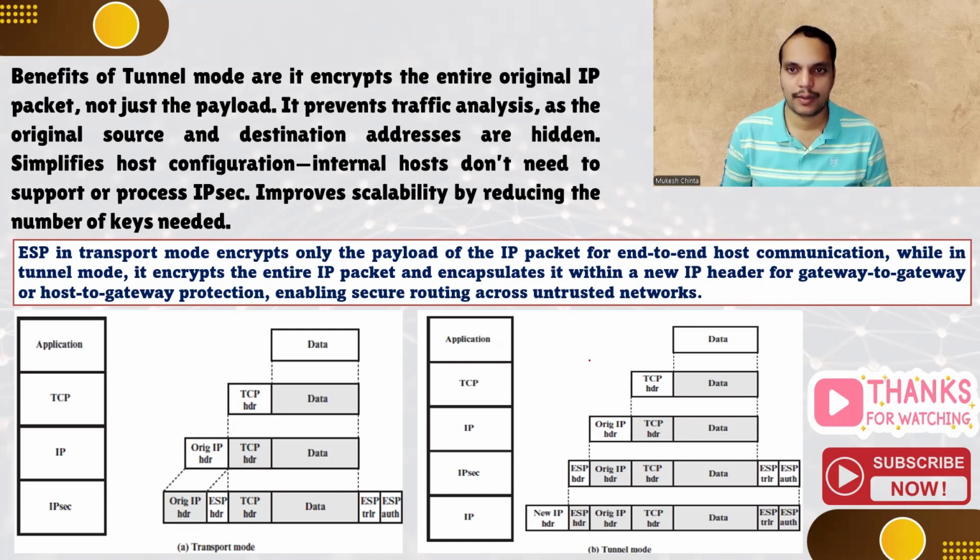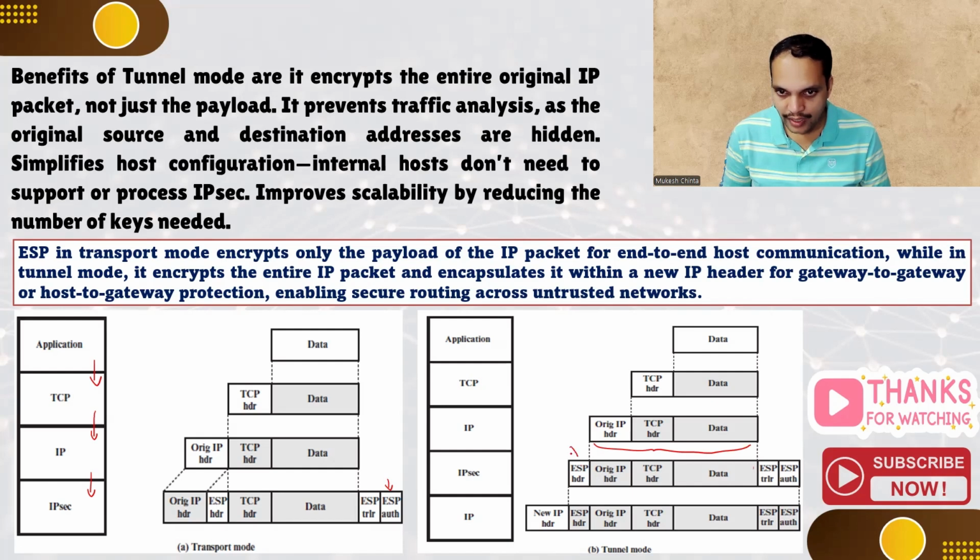I got these two diagrams from Stallings' textbook. You can see this is the original one. This is from the application layer. It comes to the transport layer, and then to the IP or network layer, and then IPSec takes over. In transport mode it will simply add another header here and a trailer here, and if required, you add an authentication field also, the ICV field. Whereas in tunnel mode, once you get it, this entire packet is encrypted and placed inside another packet.